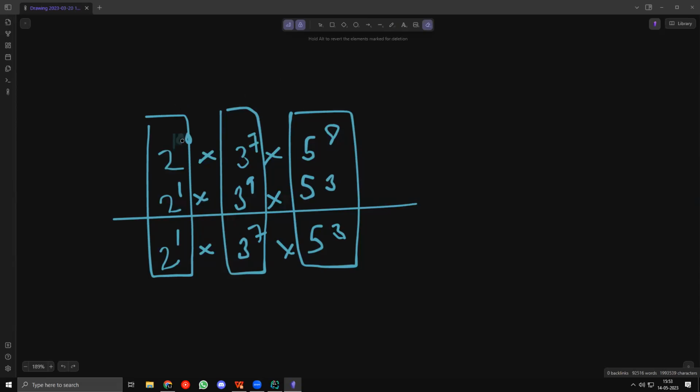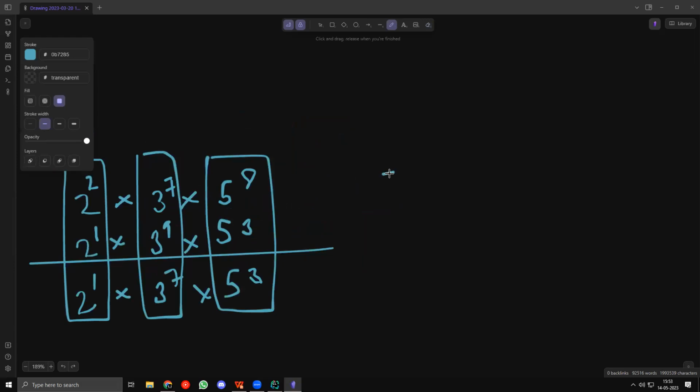Okay. Now, let's say we have 2 to the power of 2 here. Now, let me take 5 to the power of 8 and 5 to the power of 3. In the GCD, for 5, I can take 5 to the power of 2, or any power of 5.